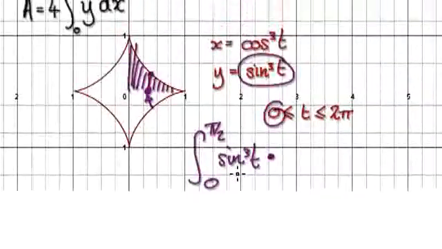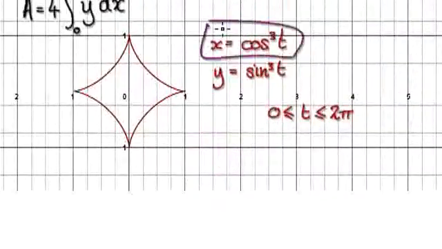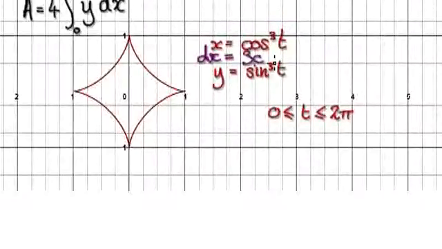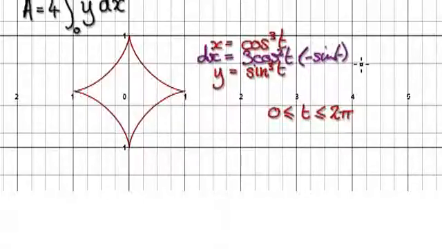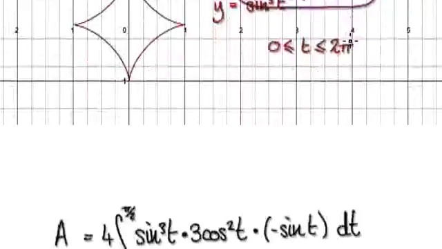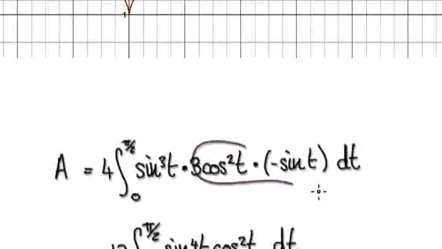To find the thickness, you would look at this bit here and differentiate it, so it would be 3 cos squared t times negative sine t, and then dt. So this here is your thickness.